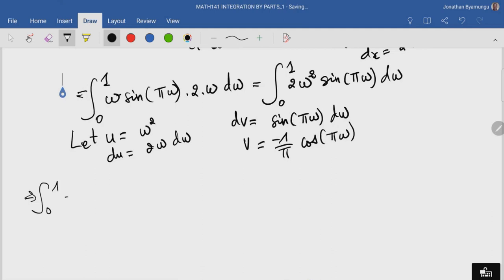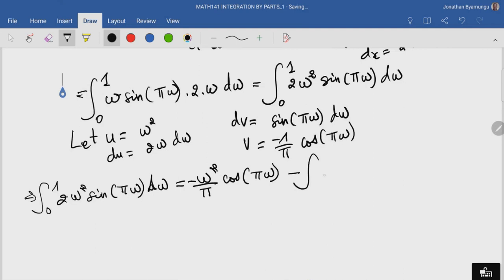So the integral from 0 to 1 of 2w squared sine pi w dw will be equal to u times v, which is negative w squared over pi multiplied by cos of pi w, minus v du, which is 2w times negative 1 over pi times cos of pi w dw, and this will just be equal.